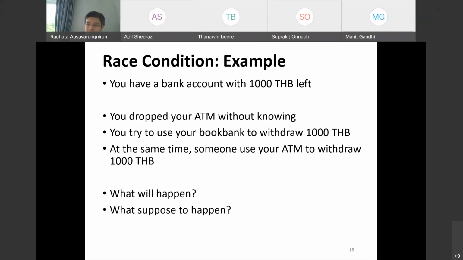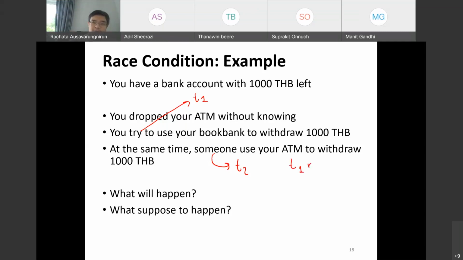What might happen? Think of this. This is thread 1. This is thread 2. What might happen? And let's do the sequence.